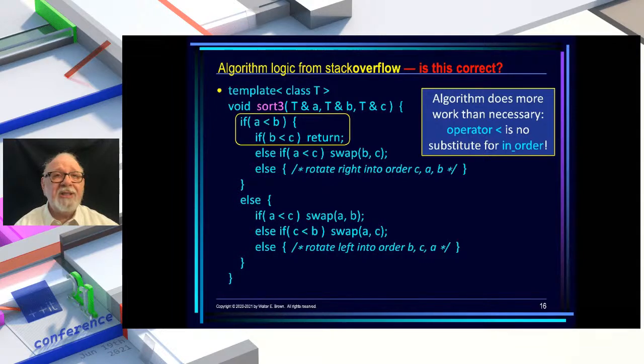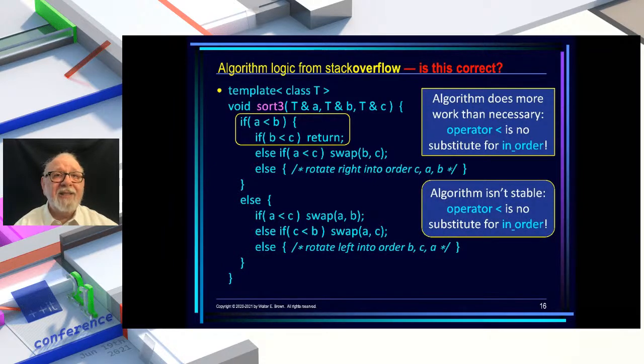Just consider the case that A and B and C are equal. We would not be returning quickly. We would be doing some kind of swaps or half swaps for rotating. So this algorithm does strictly more work than necessary.